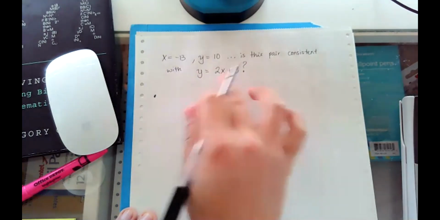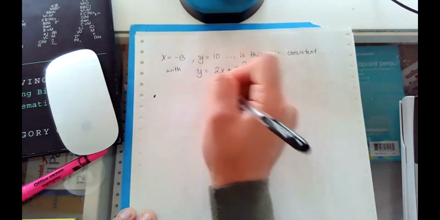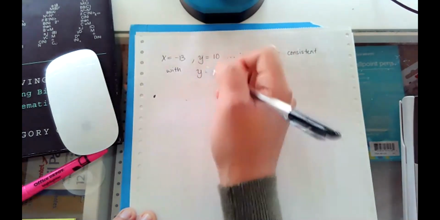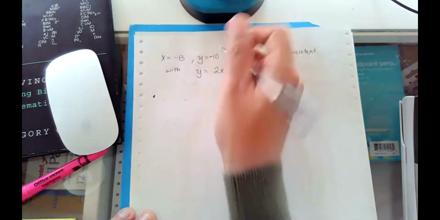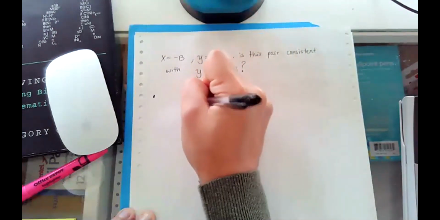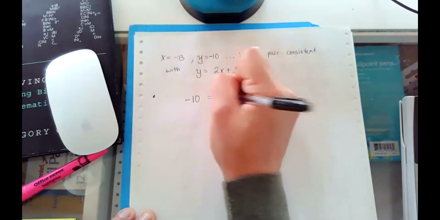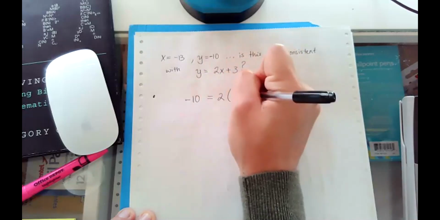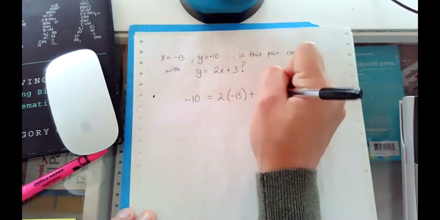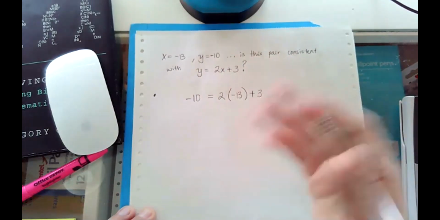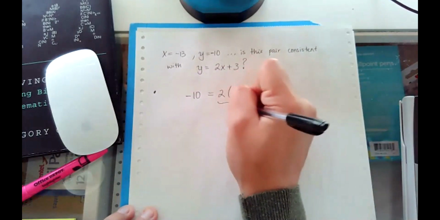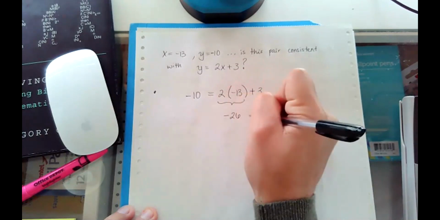Okay, well, if I go ahead and plug these into the equation, as this was supposed to be negative 10, my bad. If I plug negative 10 in for my y, and that's equal to 2 times negative 13 plus 3, and then I go ahead and simplify that. So this will make my negative 26 plus 3.